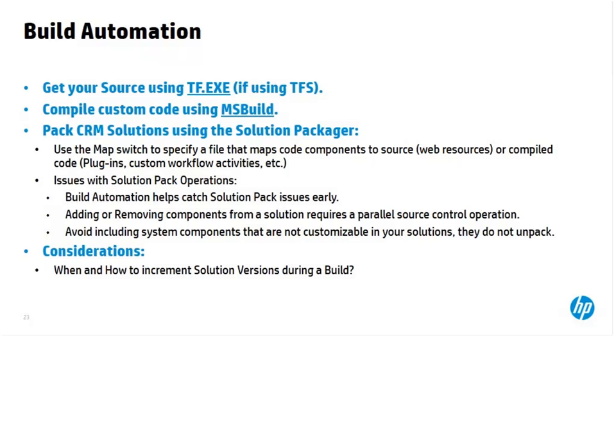One other consideration to think about is when and how you want to increment the solution version during the build. Do you want to assign a new version to the solution after a build before you do a release? The XRM CI framework has the capability to do that by manipulating the solution version in the solution XML file before it gets packed.